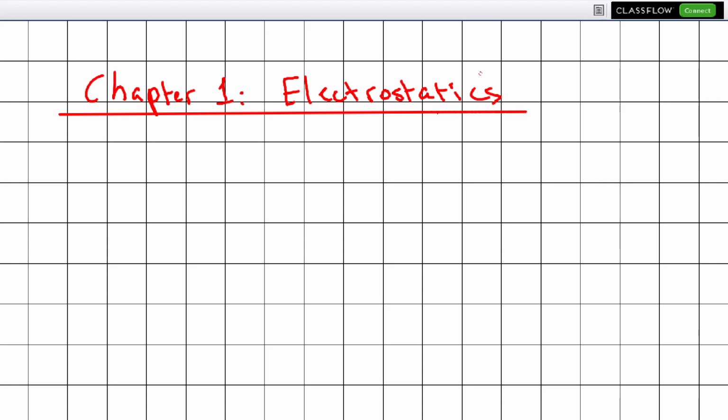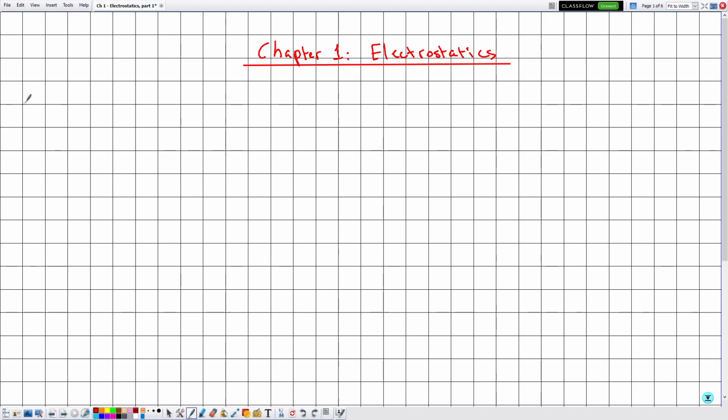And the other part, which is static, static means not moving, which is stationary. Now, throughout this chapter, we're going to explain what is meant by electrostatics. Now, first, as usual, let's define what is meant by electrostatics or what it refers to.